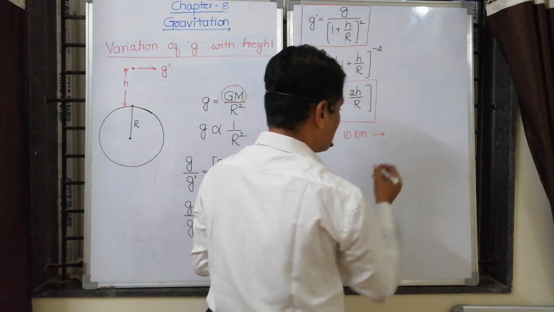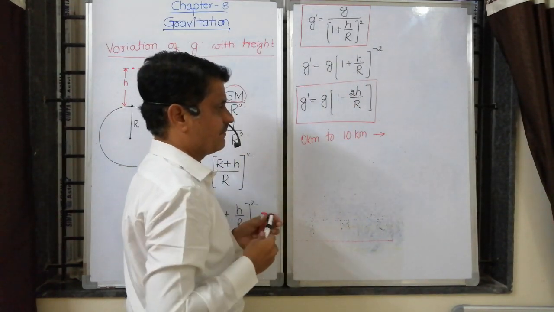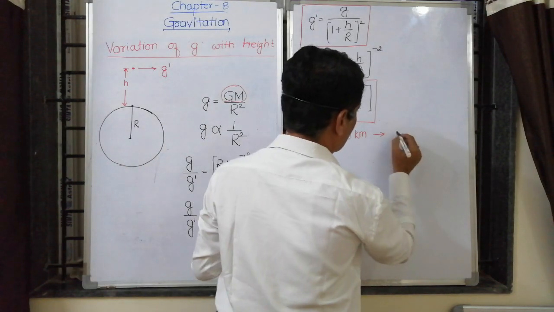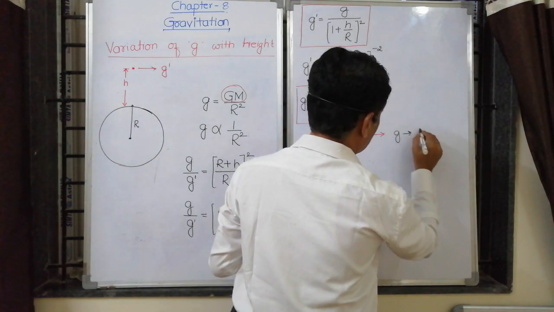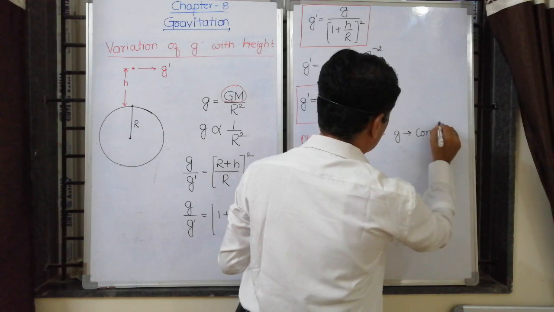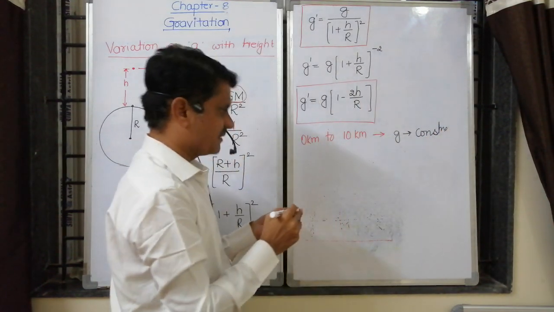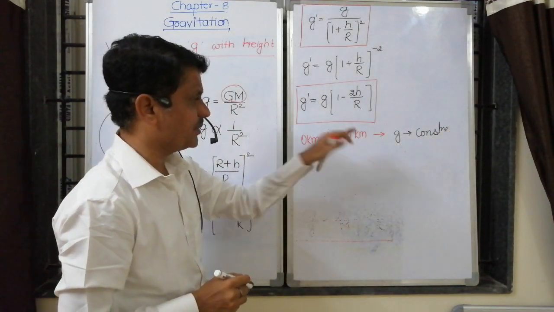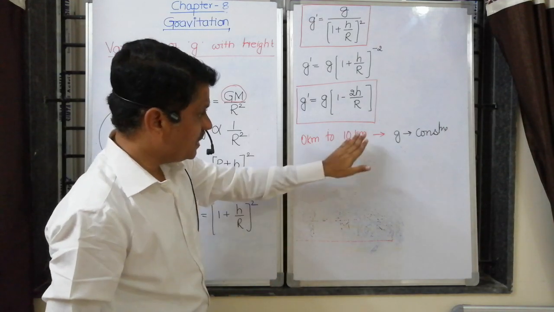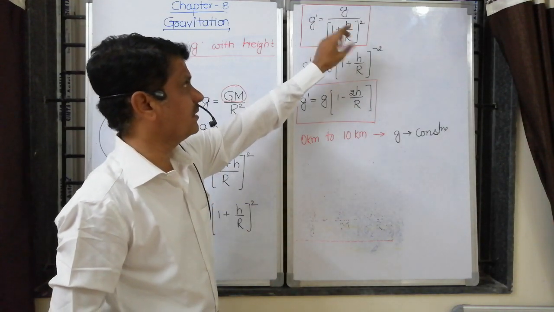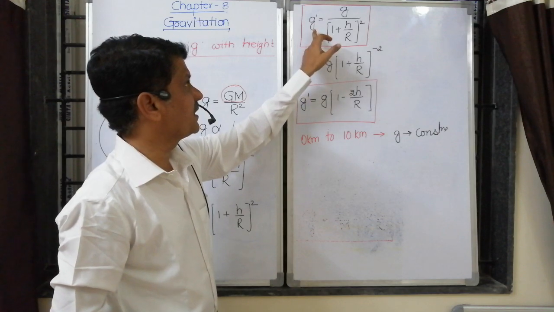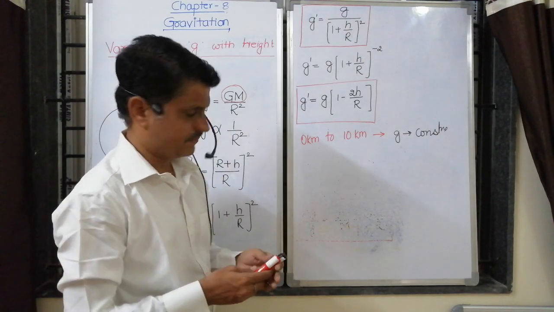g is assumed to be constant. That is, whatever value we got on the surface of the earth, same value we can take up to 10 kilometer. Even when you put 10 kilometer here, there is no much difference between g dash and g.